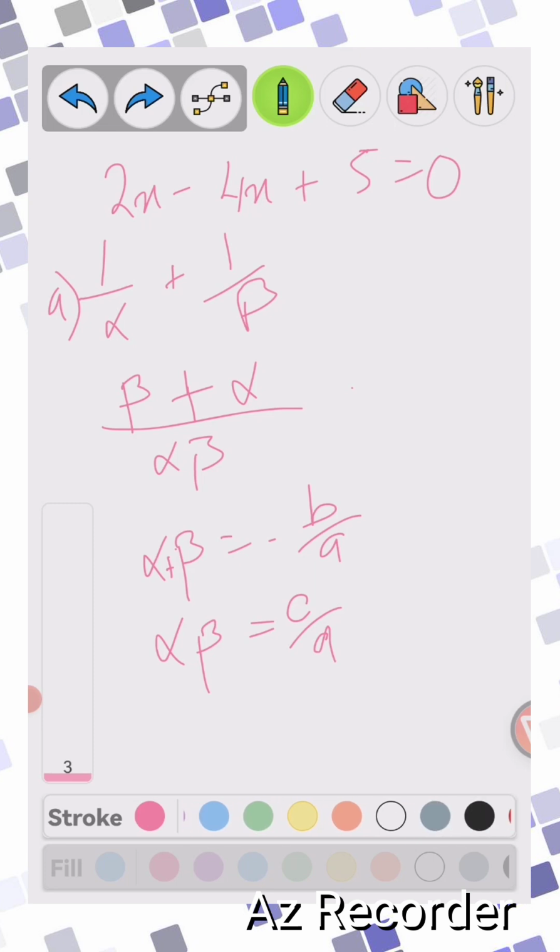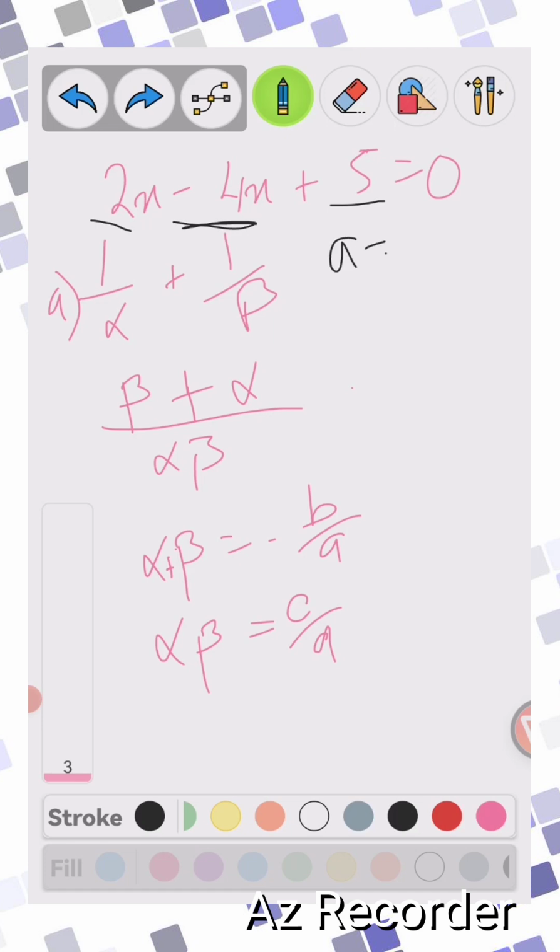From this given expression, you can clearly see your a is 2, your b is negative 4, and your c is 5. If you're answering this in an exam, you clearly indicate that my a is equal to 2, my b is equal to negative 4, and my c is equal to 5.